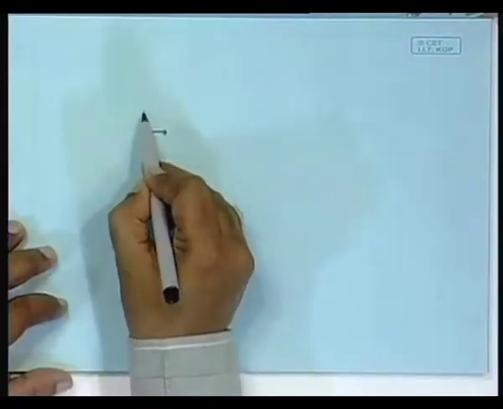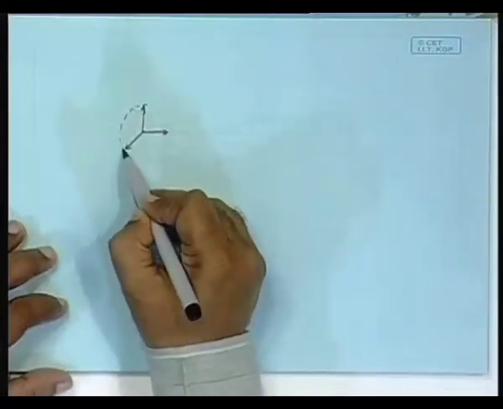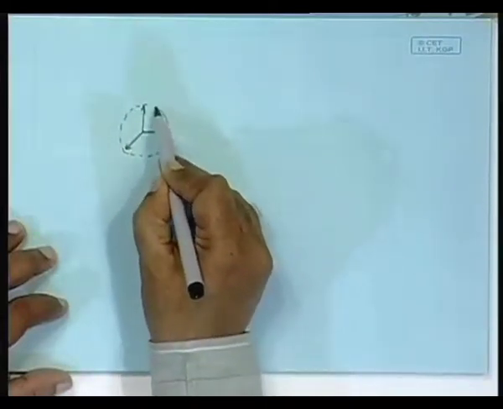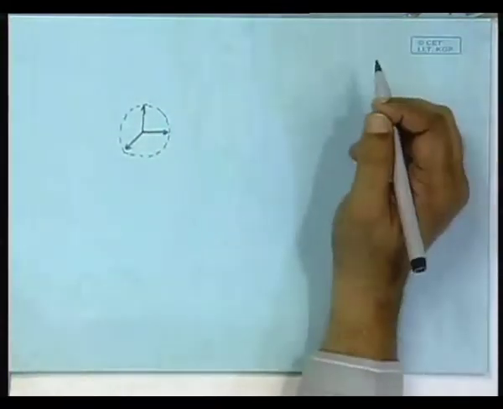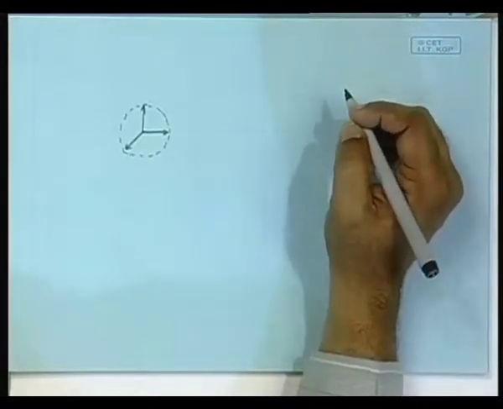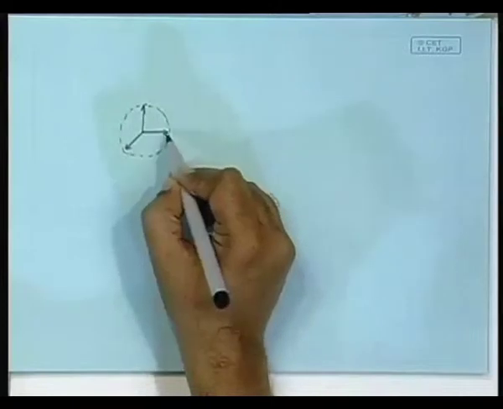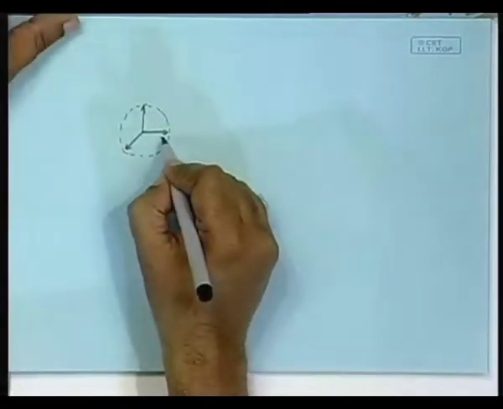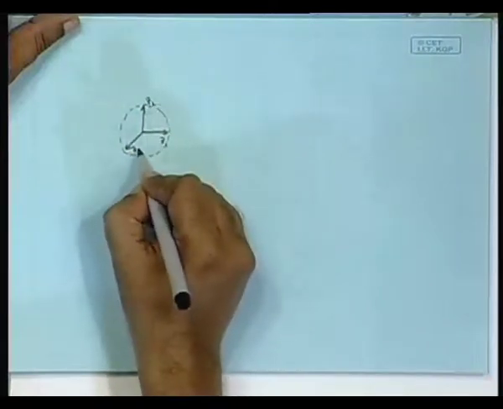Suppose I have defined a sphere with conjugate vectors, let us say Z1, Z2, Z3 unit vectors.